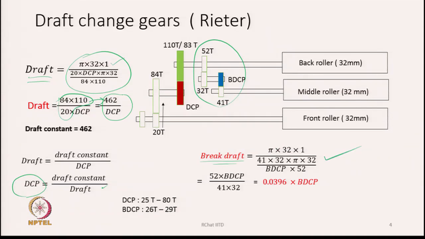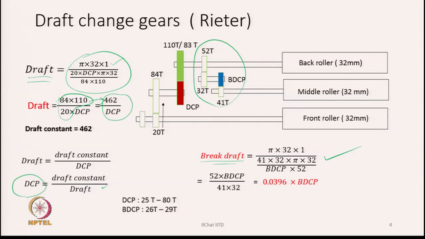slide: pi into 32 into 1 divided by 41 by BDCP. BDCP stands for brake draft change pinion, into 32 by 52 into pi into 32, where pi into 32 is basically the circumference.